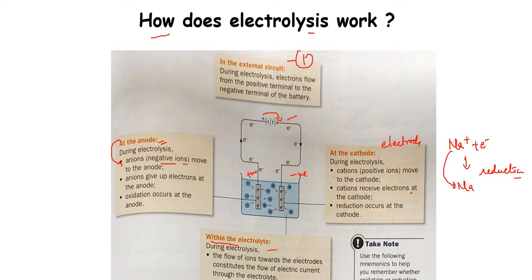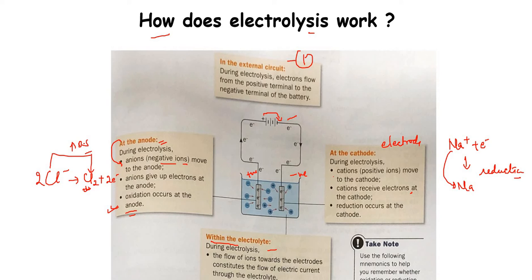Anions give up electrons. Why? Because, like the chloride ion, it has an extra electron, so it gives the electron and forms chlorine gas. When chlorine is formed, the oxidation state goes from minus to zero, an increase in oxidation state, so that's why it is called oxidation. So oxidation happens at the anode.